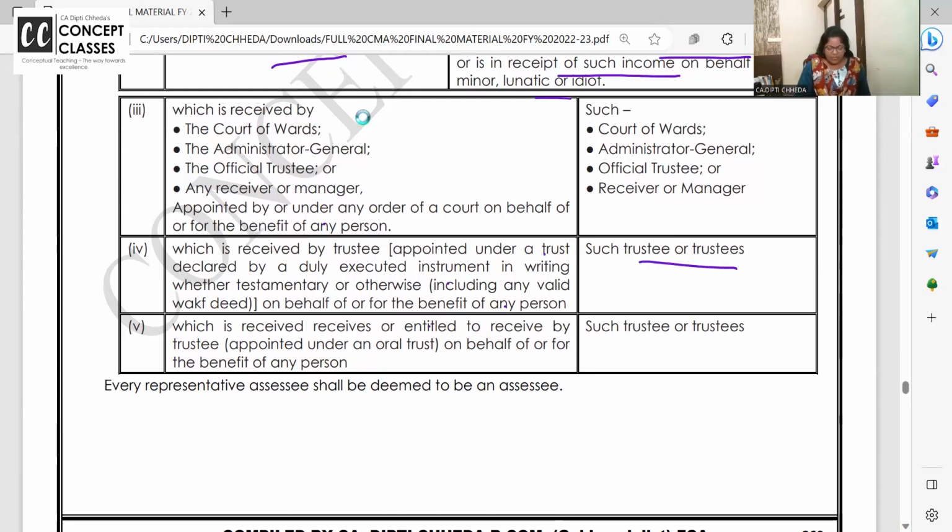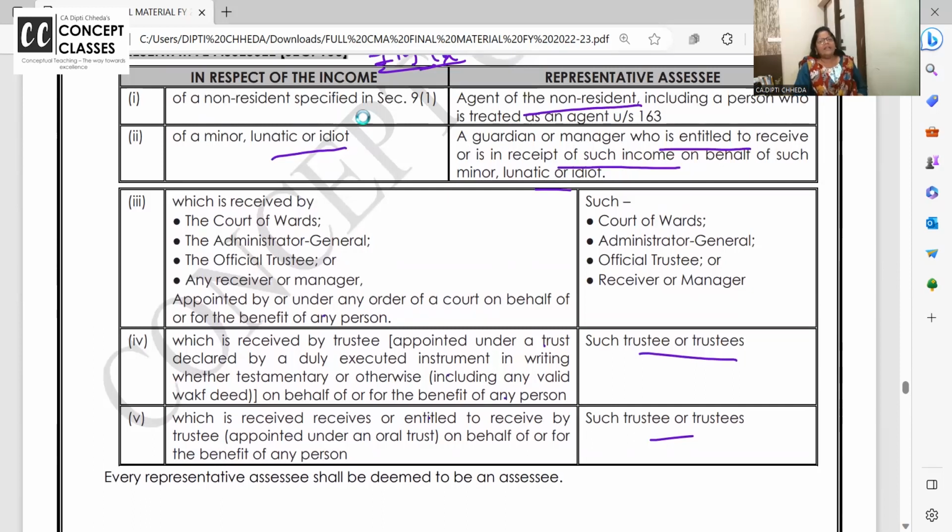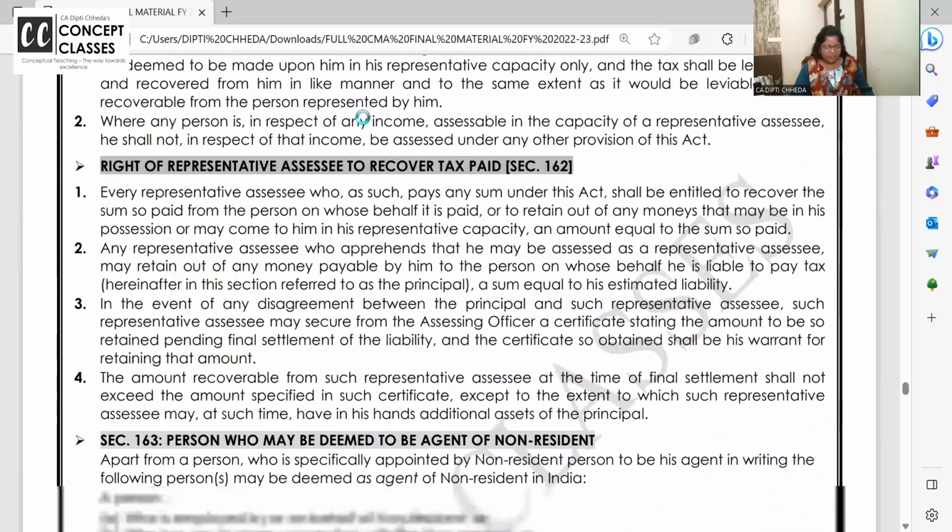Trustee. In short, for an NRI, the agent of the NRI; for a lunatic, the parent or guardian; trustees are the representative in case of the trust. That's all for this.